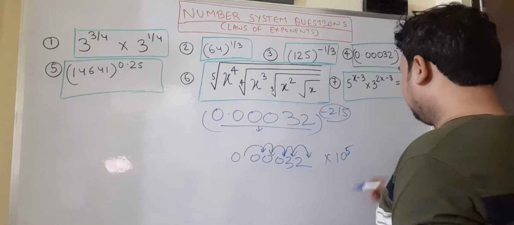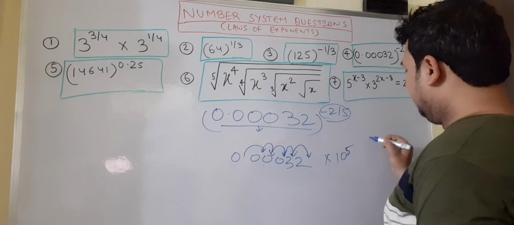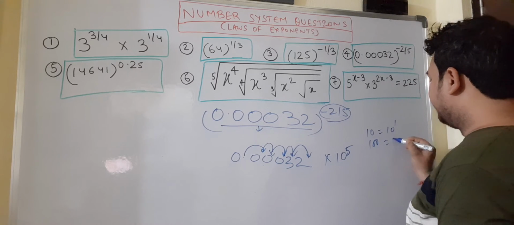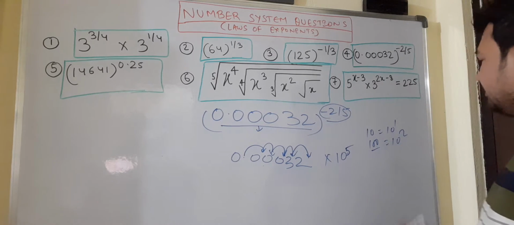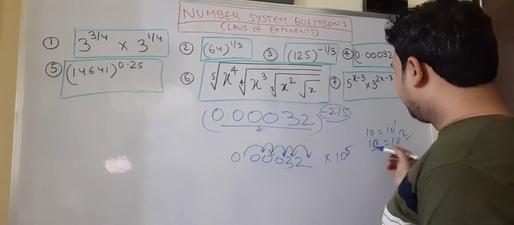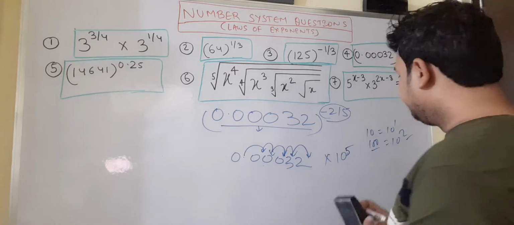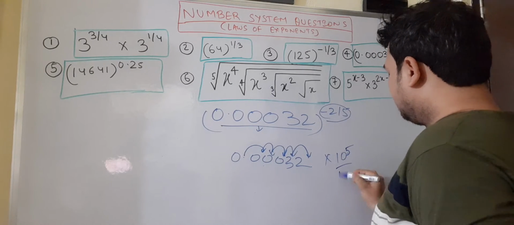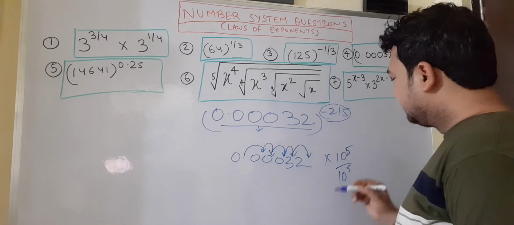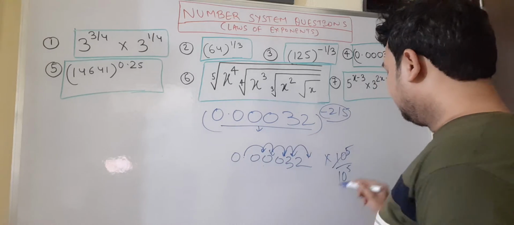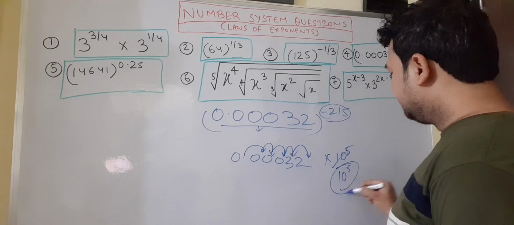Clear? 10 is 10 to the power 1. 100 is 10 to the power 2. The number of zeros is equal to the power of 10. So we had 5 zeros, 10 to the power 5. And you also need to divide it by the same. This will get consumed in removal of this decimal, but this will continue.